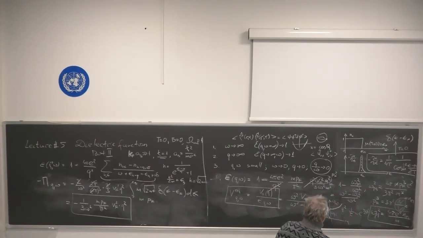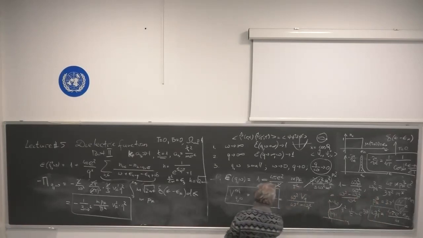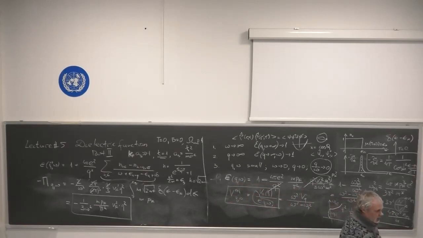But you see, the point which I make very clear is that it is not the dielectric function which is the observable that results in pole structure and excitations. It is the inverse dielectric function, which is the true correlation function, that is responsible for their calculation. This is a very delicate moment, by the way.